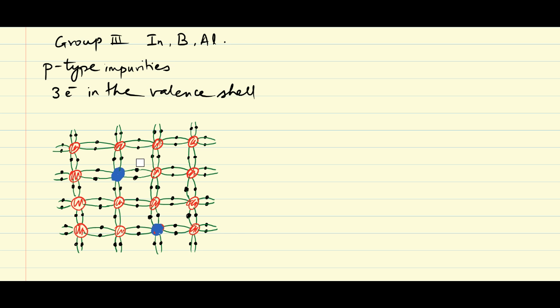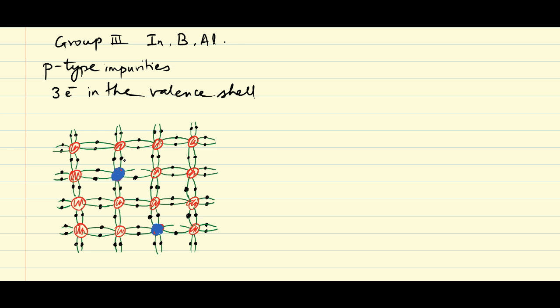Now of course you will realize that in this picture there is one thing which is wrong, and we will now rectify that. Each boron atom has 3 valence electrons, not 4. So one of these I am going to rub out, and likewise I am going to rub out one of these electrons.